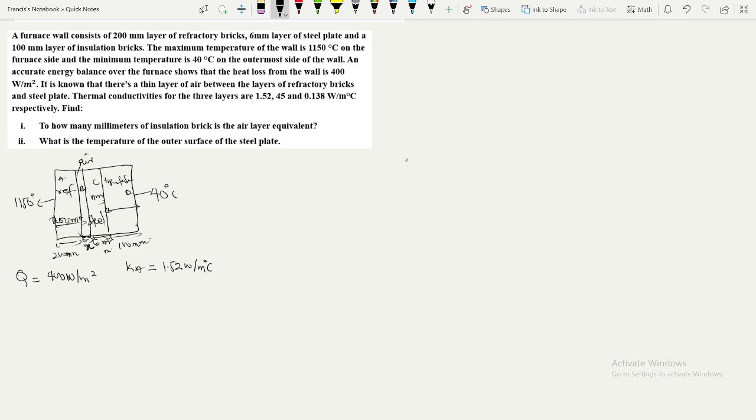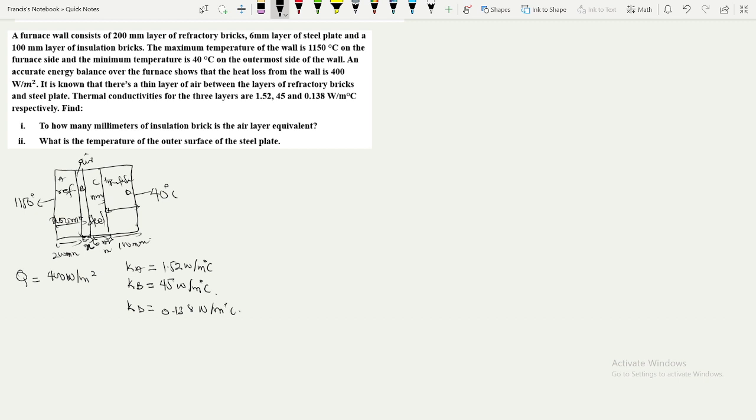So our KB, that will be for our steel plate, is 45 watt per meter degree Celsius. And then 0.138 for the D, which is our insulation.